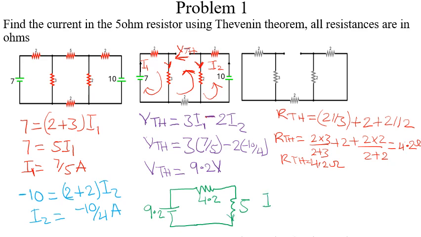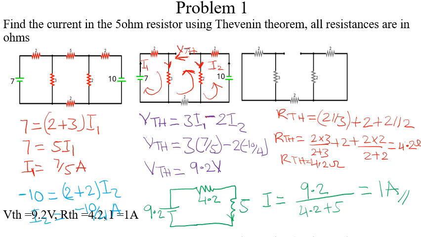I here would be equals to our voltage, which is 9.2, all over our resistors in series, 4.2 plus 5, which is equals to 1 amp. So basically, this is how we solve Thevenin's problem. When we move to the next example, I know it will go a long way to help us. Next example.